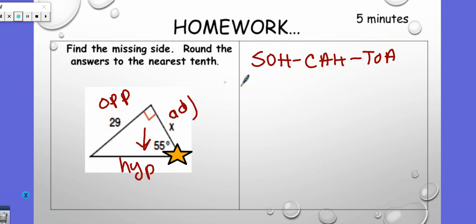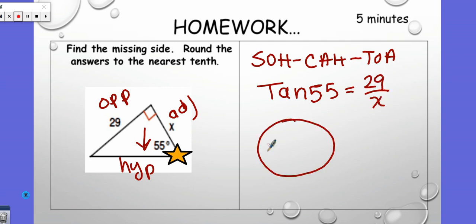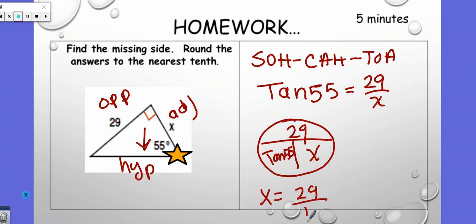So here this is tan, so you get tan of 55 because I have the opposite and adjacent, which equals opposite on the top, adjacent on the bottom. So I'm going to get the circle, tan of 55, 29 over x. So we get x equals 29 over tan of 55.